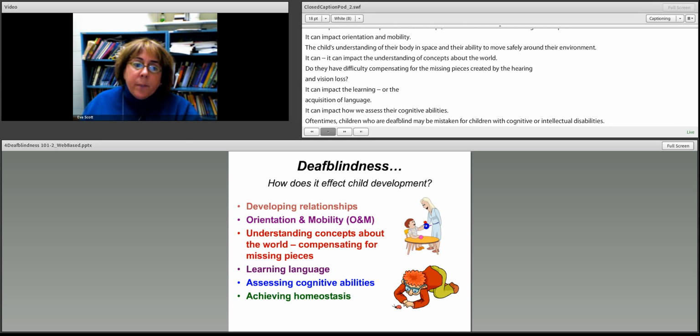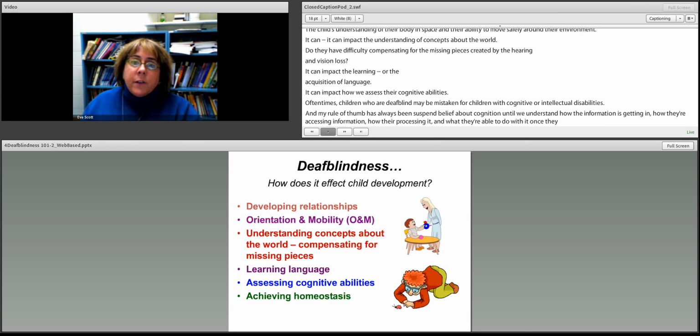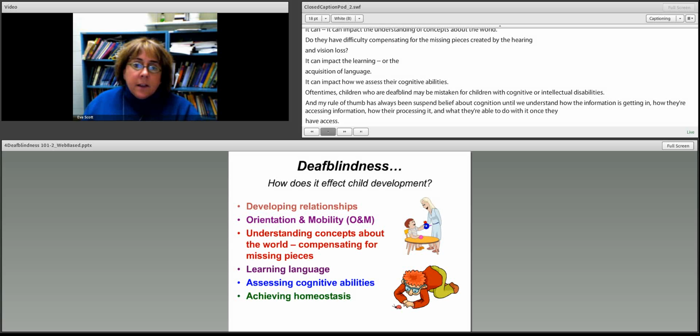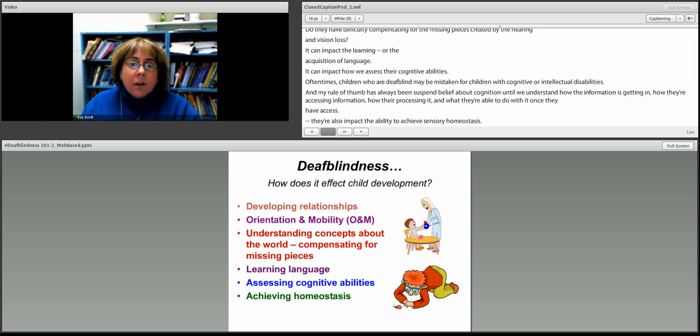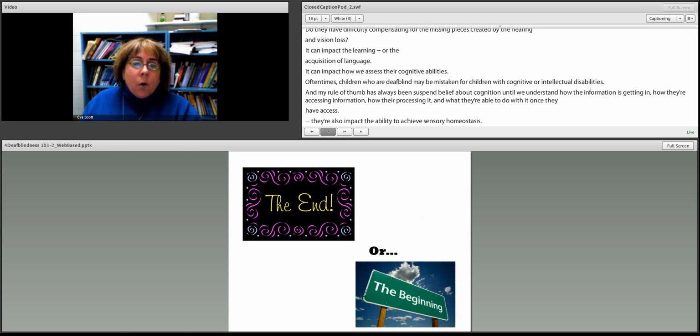It can also impact the ability to achieve sensory homeostasis. Oftentimes, children with deaf-blindness experience what we refer to as self-regulatory behaviors to create additional sensory input to help compensate for missing pieces, or to shut out sensory input that may be overloading them.